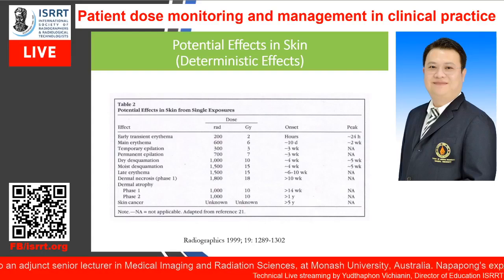Temporary epilation starts at 3 gray or 3000 milligray, and permanent epilation starts at 7 gray or 7000 milligray. But roughly, when we talk about interventional procedures, we are unlikely to go up to 6 or 7. But in some cases, we might see that. It's from my experience when we started doing dose monitoring.